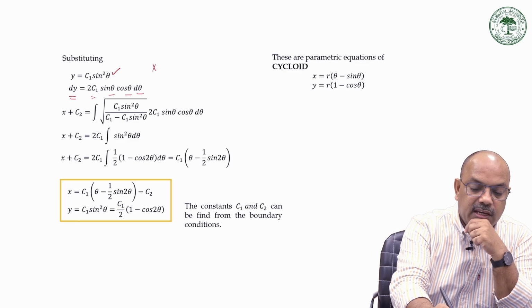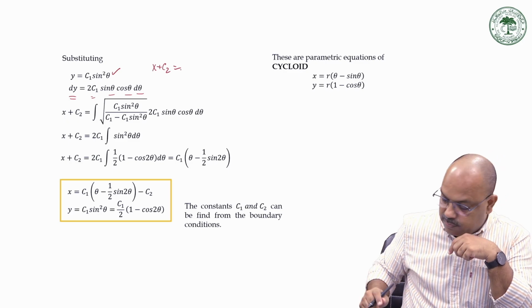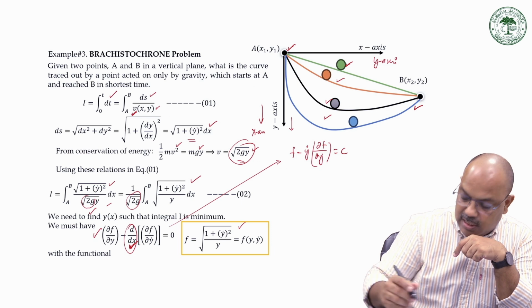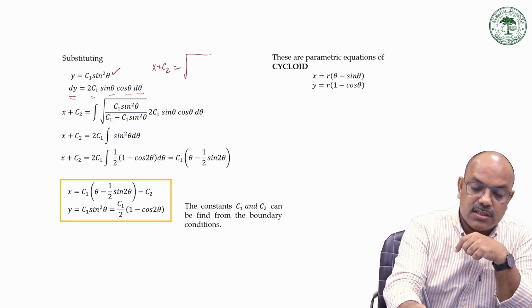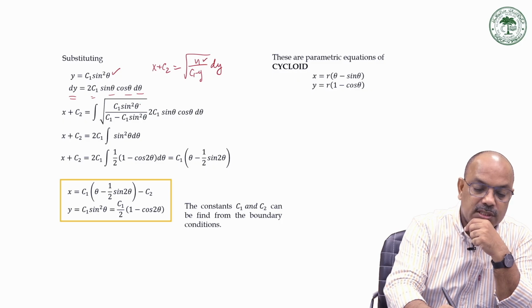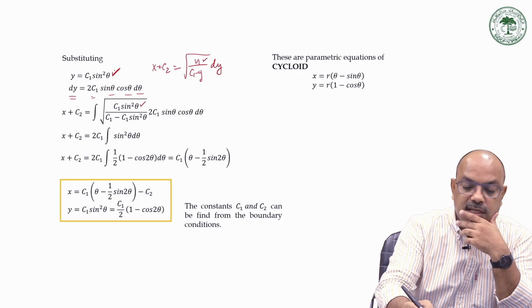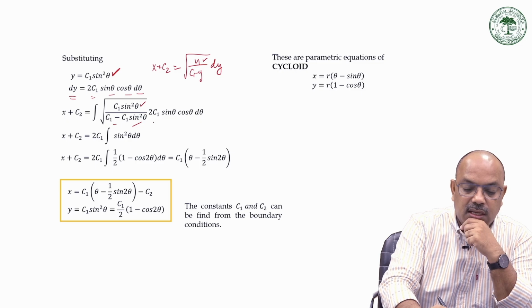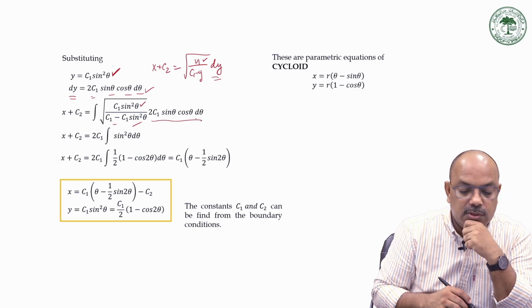So I have x plus c2 equal to the integral of y over c1 minus y dy. Here I put y as c1 sin square theta, and dy is twice c1 sin theta cos theta d theta.